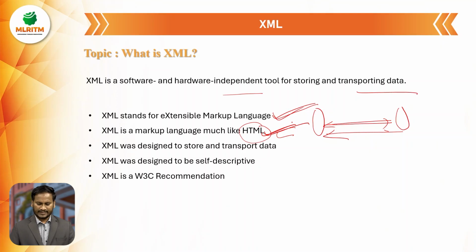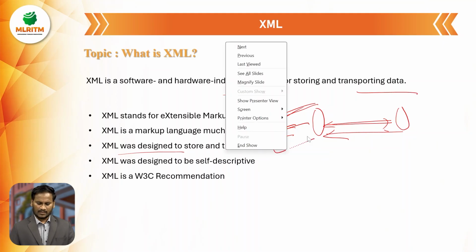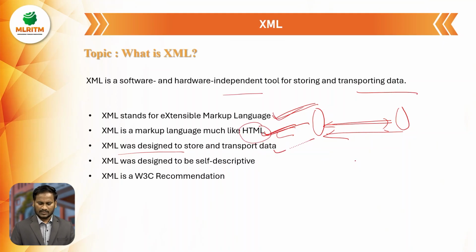XML was designed to store and transport data. As we can say, it is a mediator between a person's language, human to machine. It takes input from human, gives output machine to human, and transports the data. XML was designed to be self-descriptive.